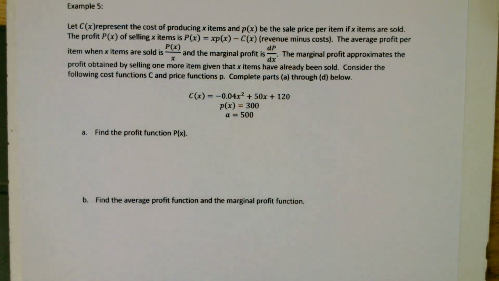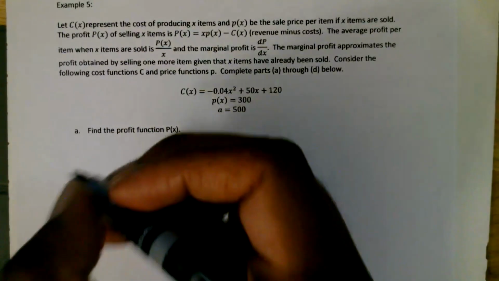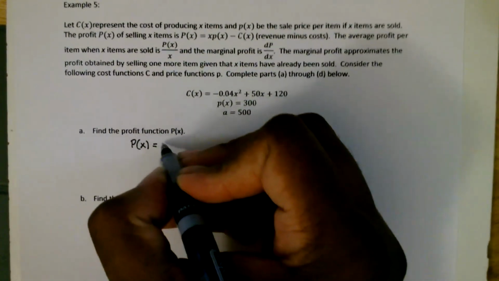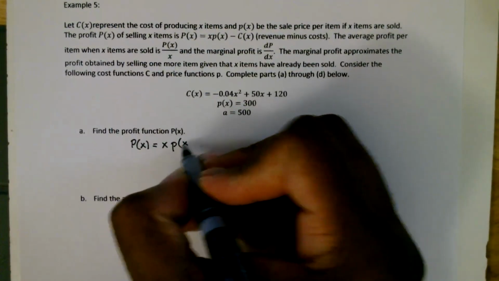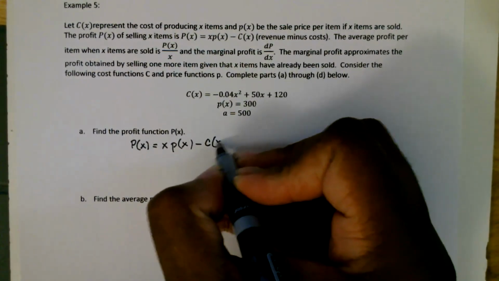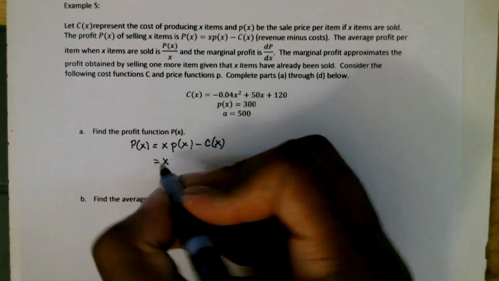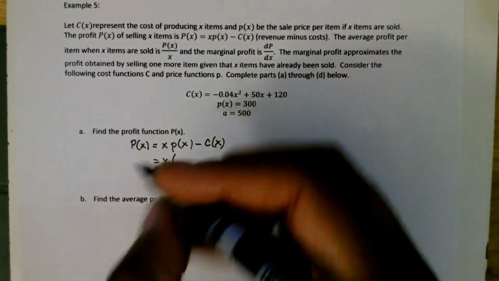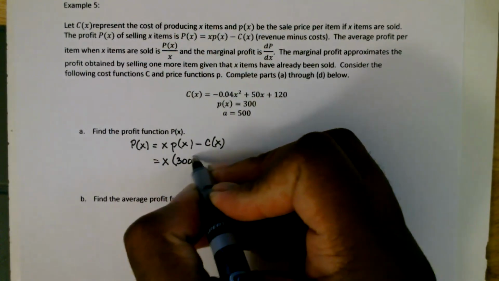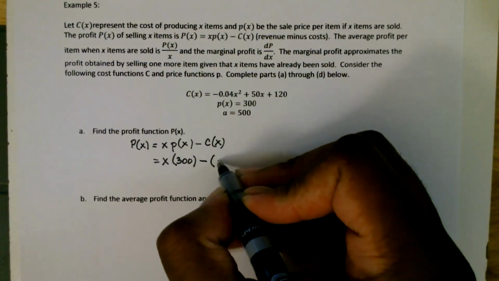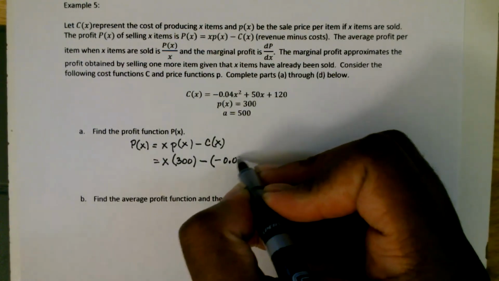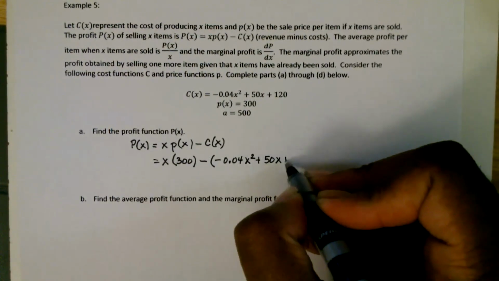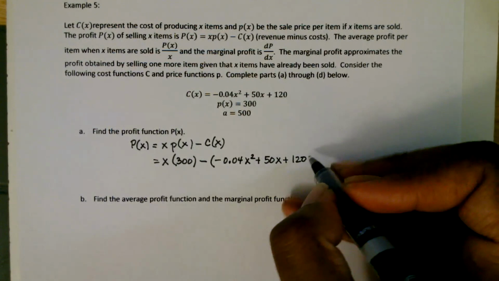Let's find the profit function P of x. Now, of course, that profit function is given to you. P of x is equal to x times p of x minus C of x. Now I'm going to bring down the x. p of x was, in this case, 300 minus C of x. That's going to be that negative 0.04x squared plus 50x plus 120.